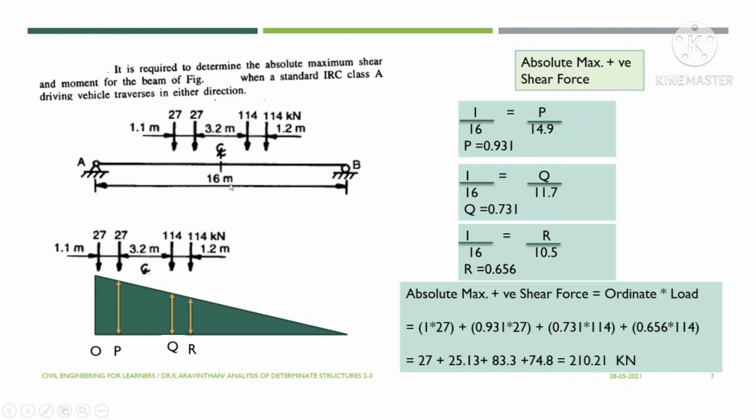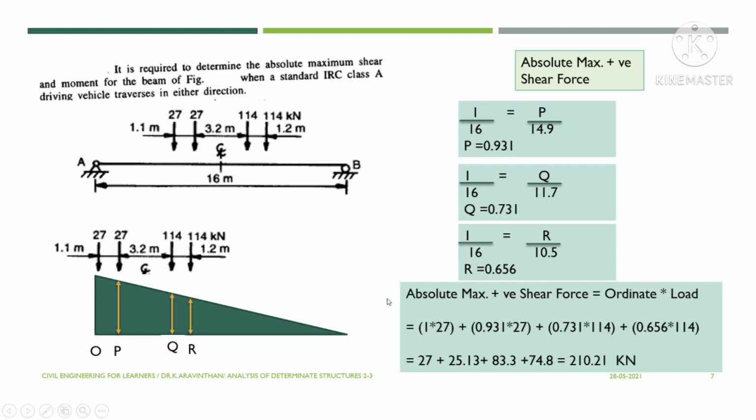So 16 minus 5.5 will be 10.5. So this is the ratio for R. So R by 10.5, this is the conventional ratio. So all the ordinates has been found out. Just you have to multiply load into ordinate to find the shear force.